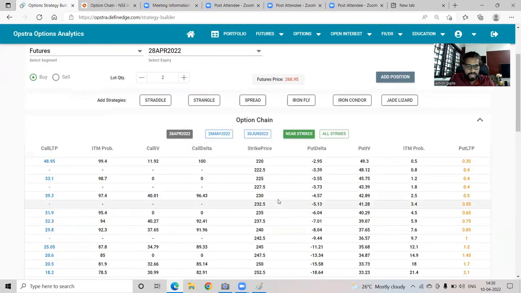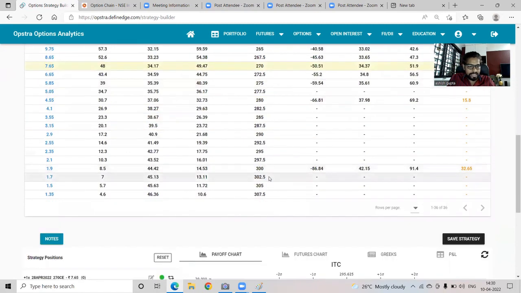Okay, what if I look at other strikes also? 300 is trading for 1.7, 1.9, and 280 is trading for 4.55. So if you want to do a relatively safer call ratio, then one can do 280 and 300 1:2. But unless you are putting some money at risk, the chance of making money is relatively lesser.